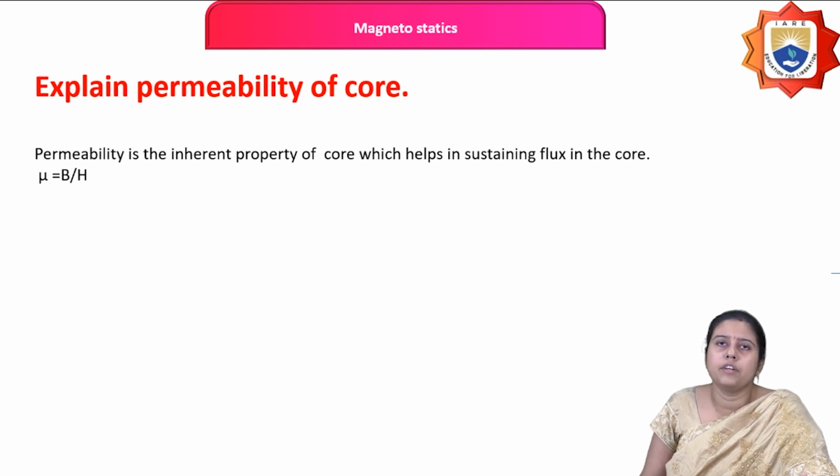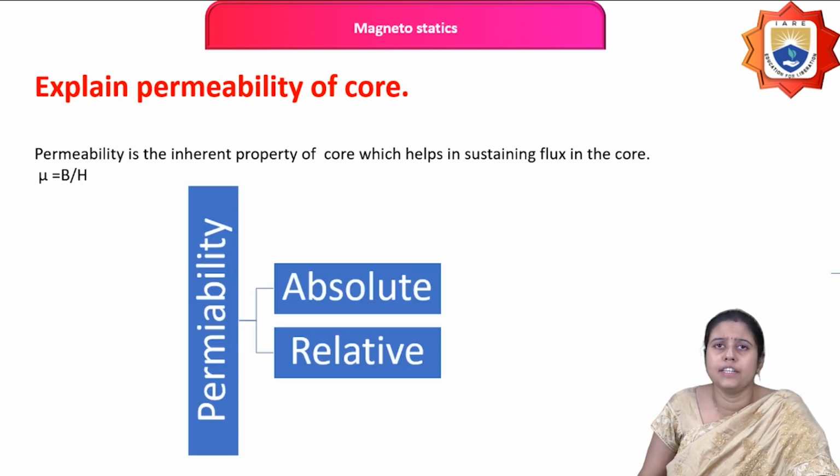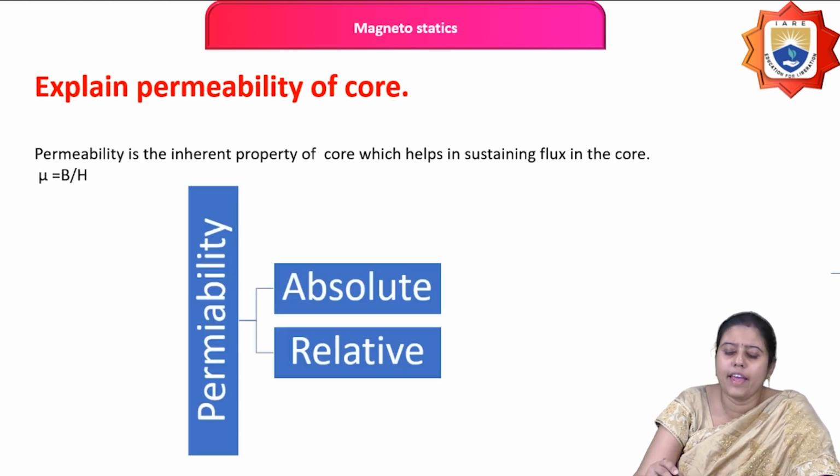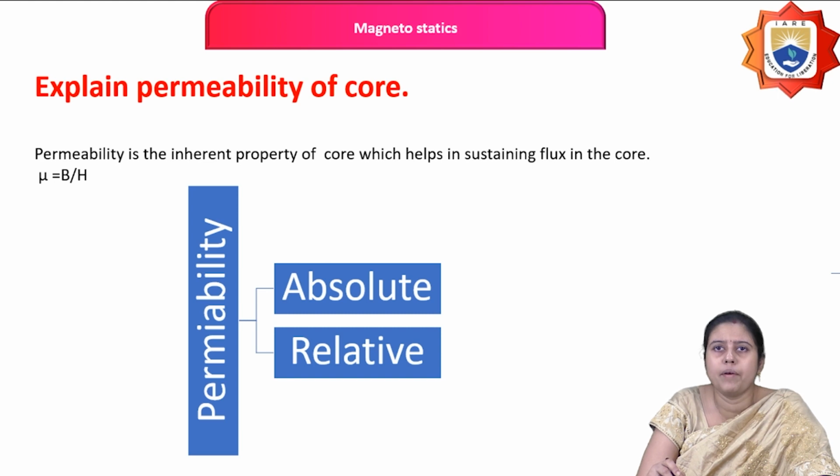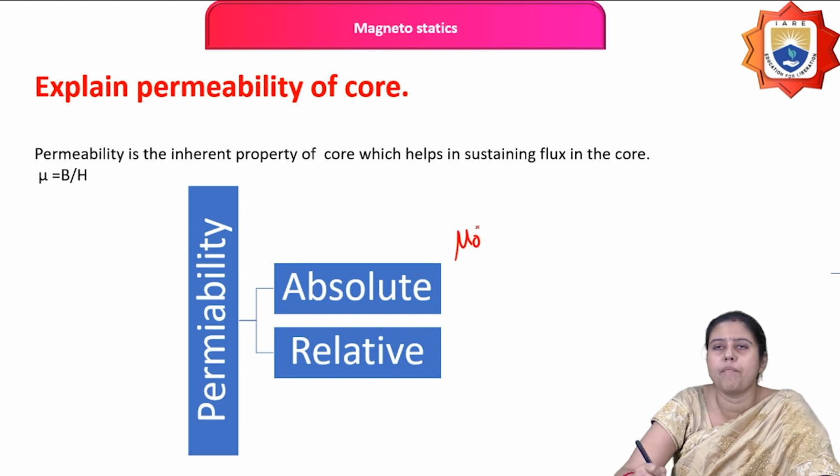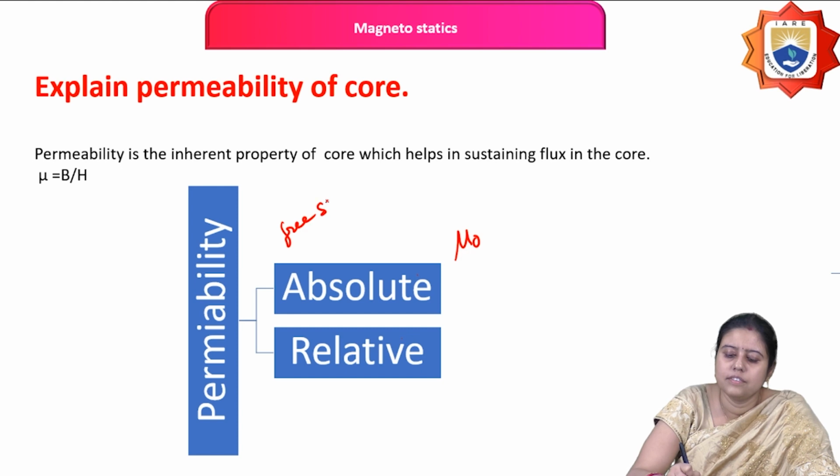So permeability can be defined as the ratio of the flux density to the field intensity. Like permittivity, permeability is also of two types. One is the absolute permeability, or permeability of free space or vacuum.